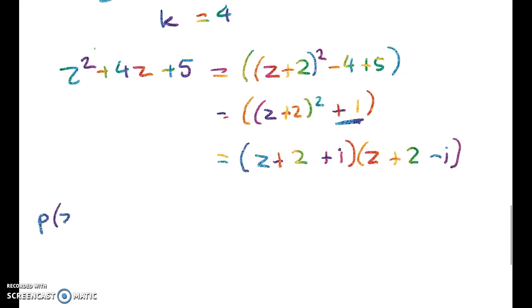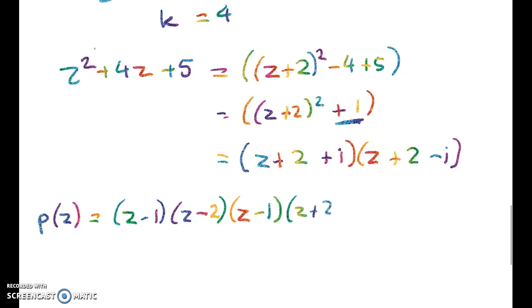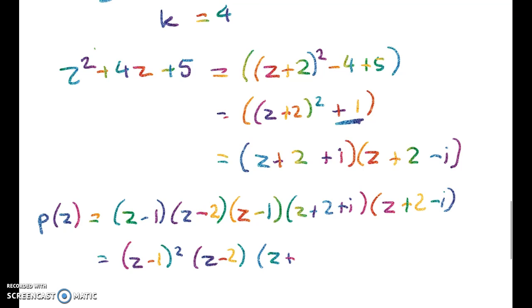So p of z is equal to z minus 1 times z minus 2, the first two that we got out of the factor theorem, times z minus 1 again, times z plus 2 plus i, times z plus 2 minus i, which is equal to z minus 1 squared times z minus 2, z plus 2 minus i, z plus 2 plus i.